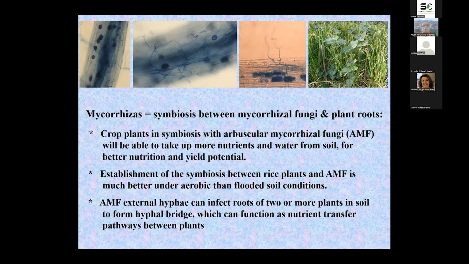But in terms of growing crops in intercropping, for example, intercropping between cereals like rice, sorghum, maize, with legume crops, when there is mycorrhiza infecting the roots of the two crops, for example, adjacent rice and soybean.